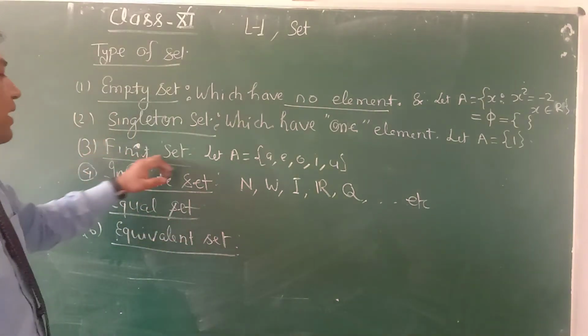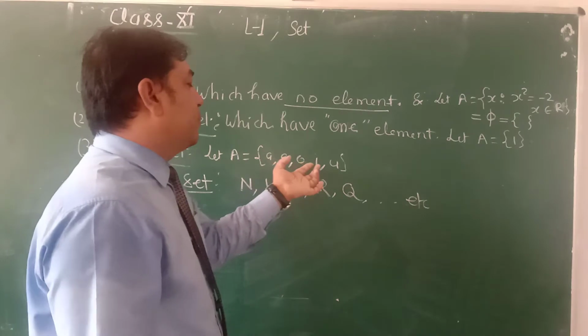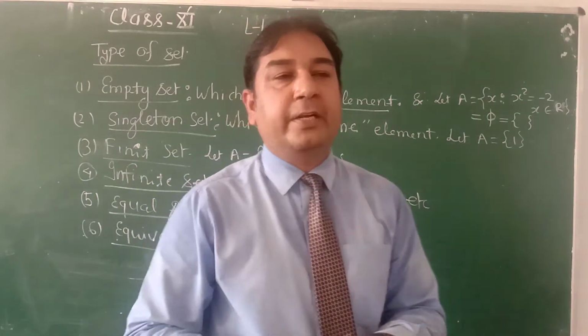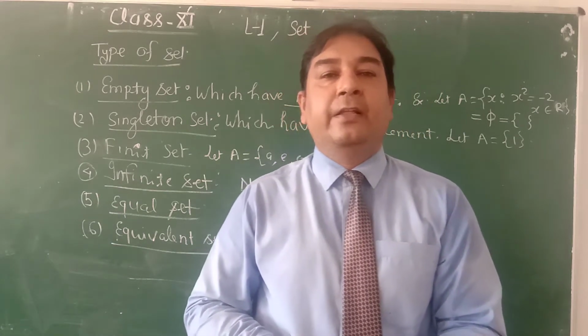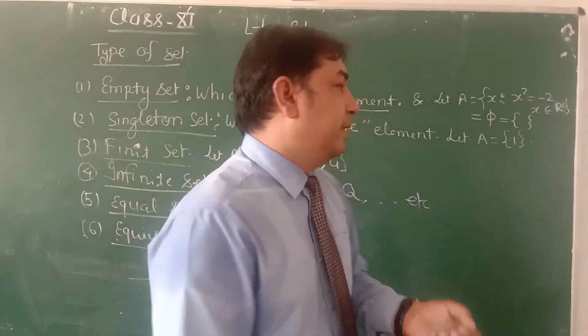The third is the finite set. For example, A equal to {a, e, i, o, u}. Finite sets are those sets whose elements we can count, and the number is called the cardinal number.